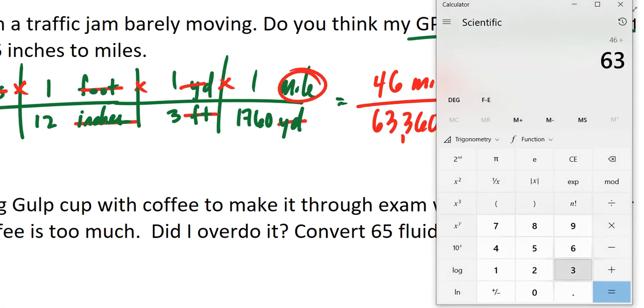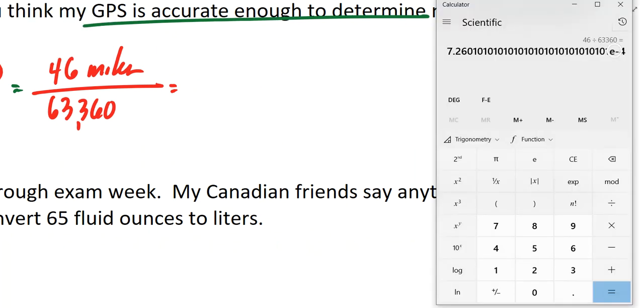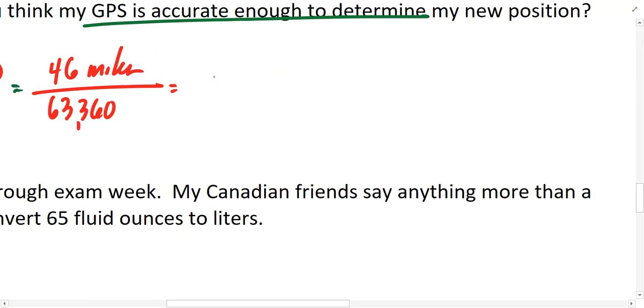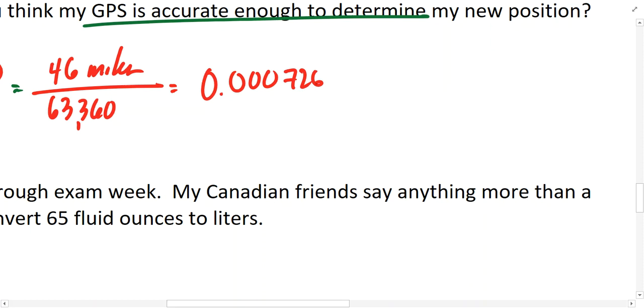46 divided by 63,360 is 7 point, ooh, that's kind of nasty here. This calculator gave me an answer in scientific notation, and I didn't expect that. I'll help you out here, though. This decimal is 0.0000726.